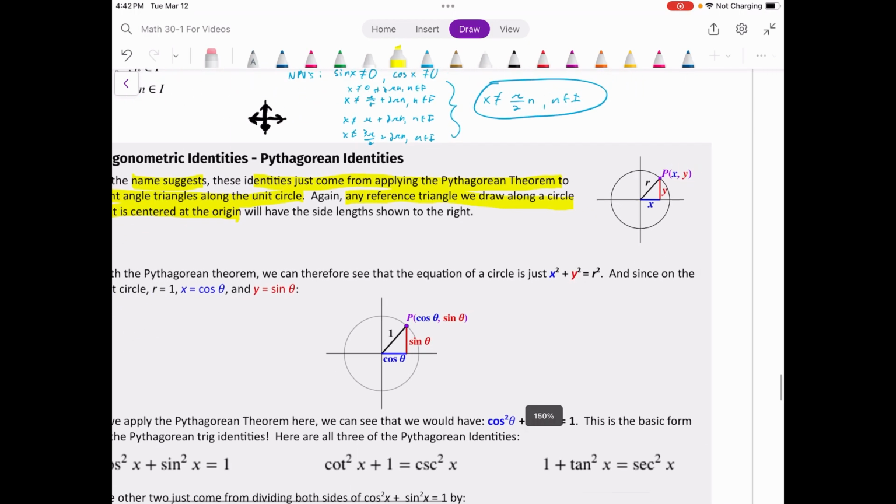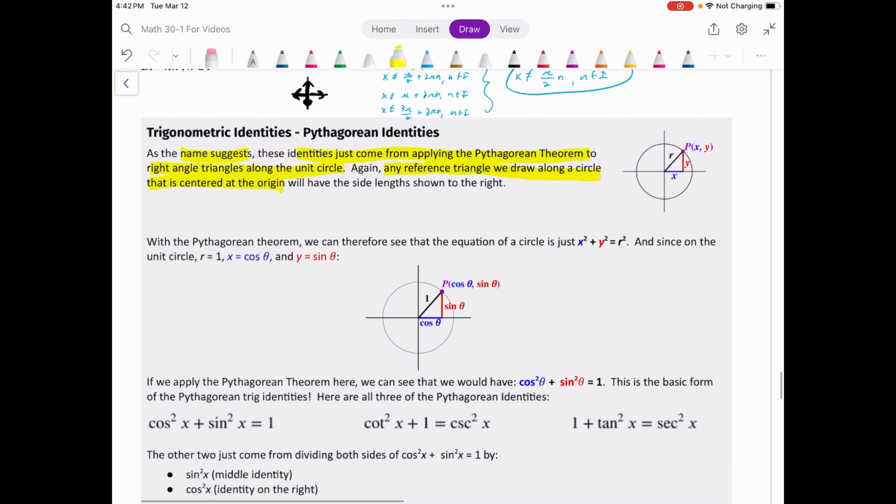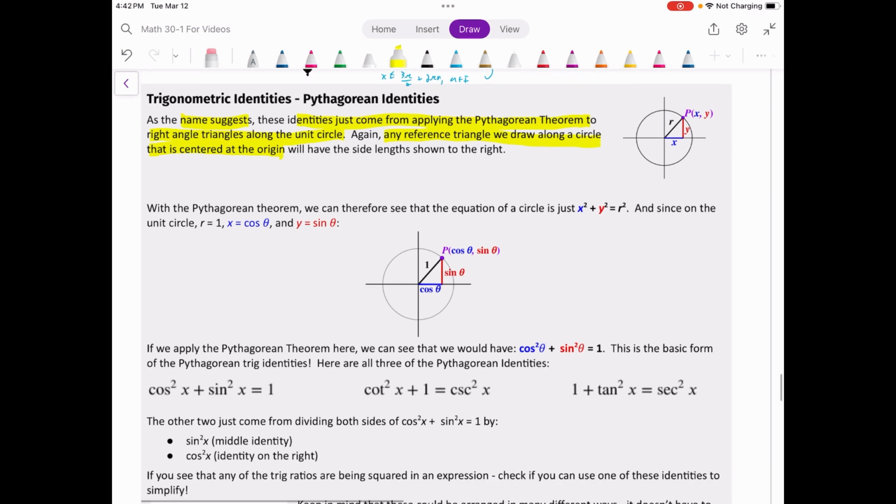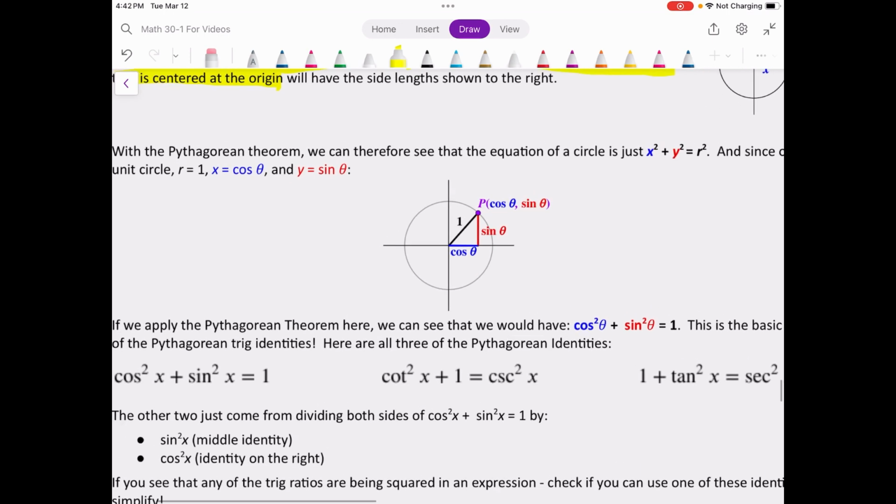So for a triangle like this, the x-coordinate squared plus the y-coordinate squared will give us the radius of the circle squared. Now, let's make our lives easy. This technically works. This relationship works on any circle, but our life gets a lot easier if we just use the unit circle where r is 1, right? Because 1 is a really nice number to work with. And so if we use the unit circle, we know that r is 1, x is just cos theta, right? Because adjacent over hypotenuse is just x over 1.